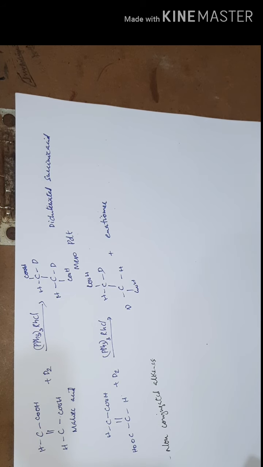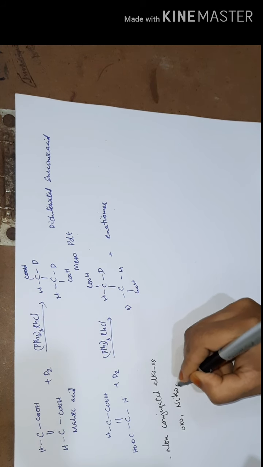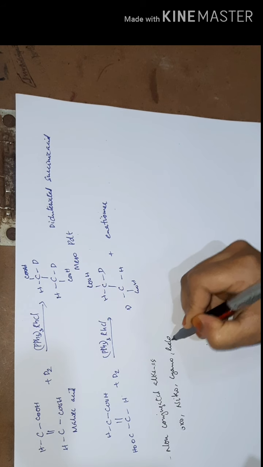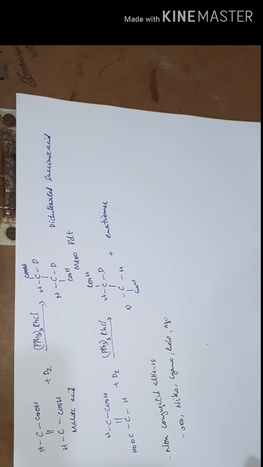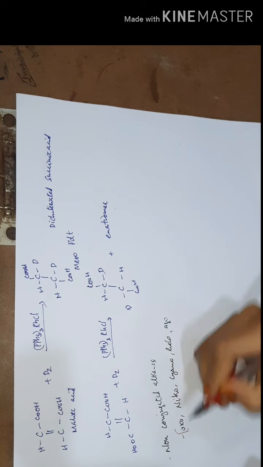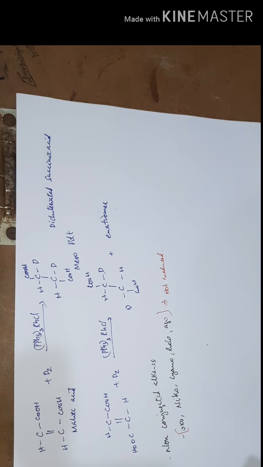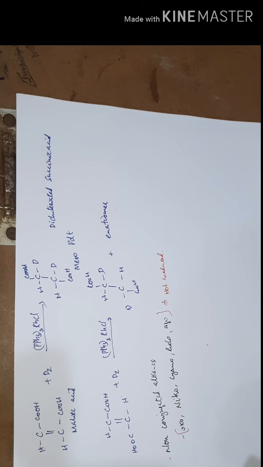If we have a compound with functional groups like oxo, nitro, cyano, halo, and azo, they are not reduced by this catalyst. If a compound has such a functional group and a C=C unsaturation, the C=C unsaturation is generally reduced by our catalyst.